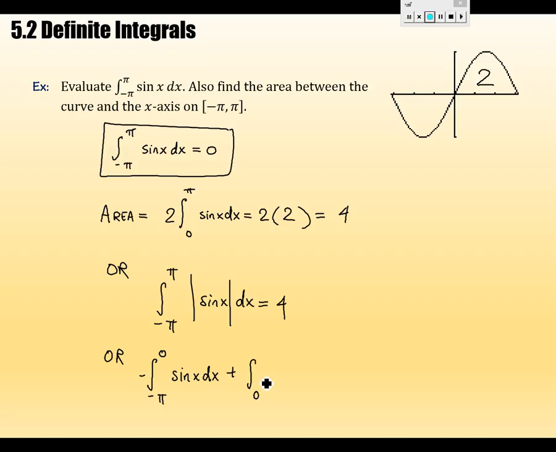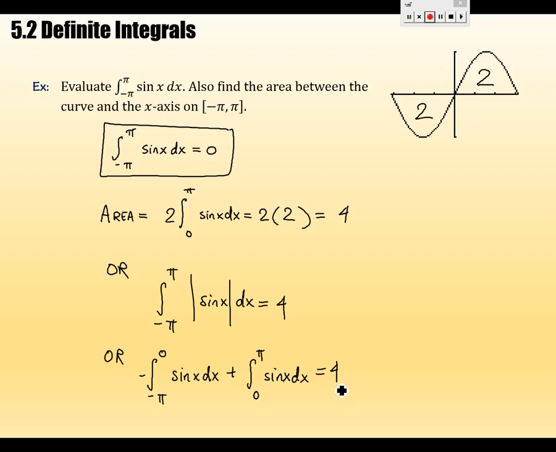This is probably not the best way, but I just wanted to say it though. Do you agree? You could actually do 2 separate integrals and make the first one the opposite of what it comes out to be from the picture here. But that requires that you kind of know where that 0 is, where to break it apart. Okay.